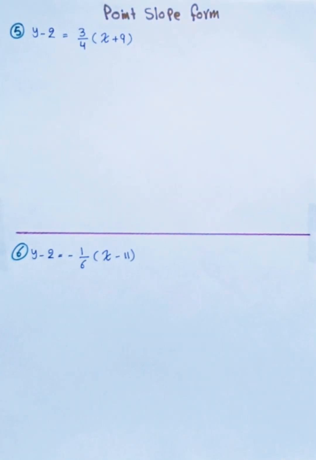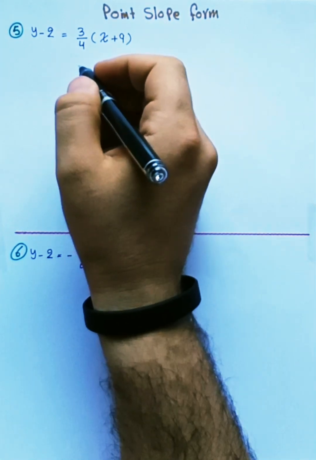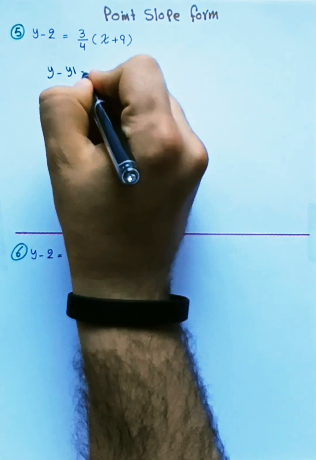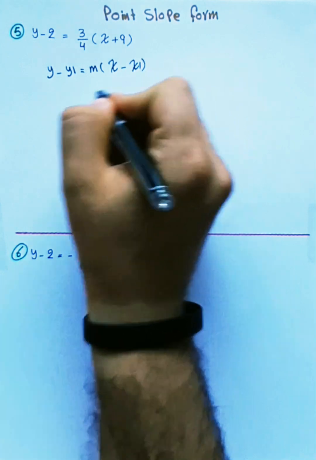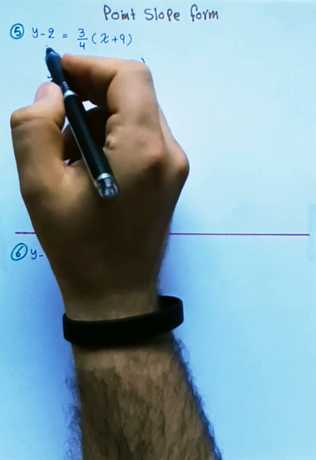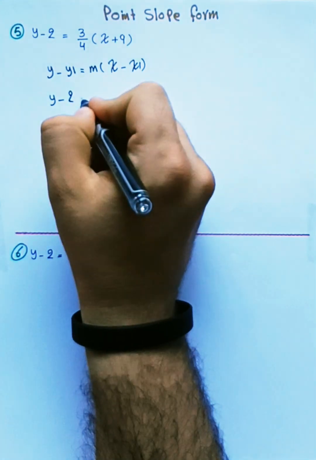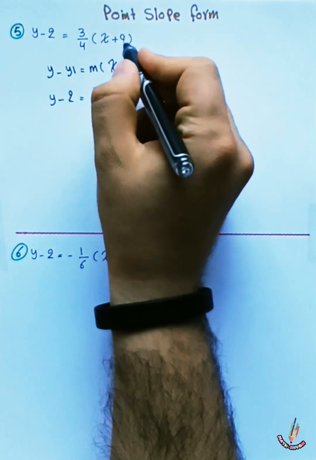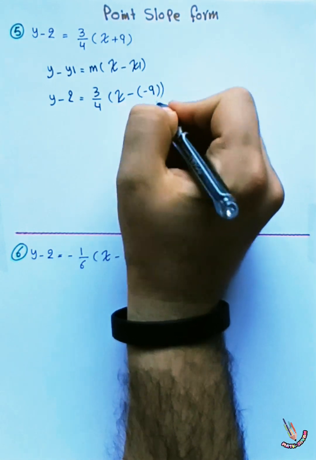Example number 5, you have y minus 2 equal to 3 out of 4 x plus 9. You have to rewrite this equation in point slope form: y minus y1 equal to m times (x minus x1). So y minus the value for y1 is 2, so it does not need to change, equal to the slope 3 out of 4, x minus the value for x1, which becomes negative 9.